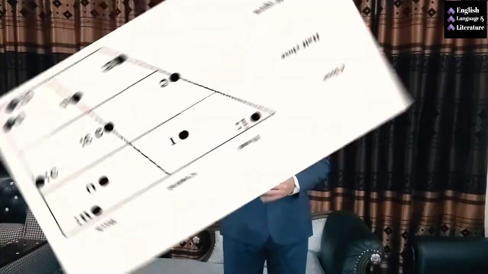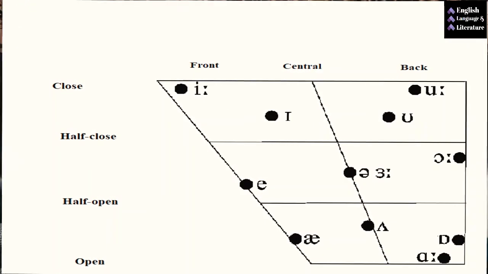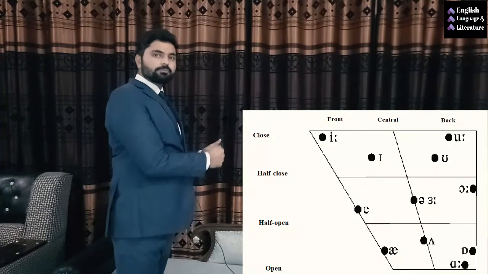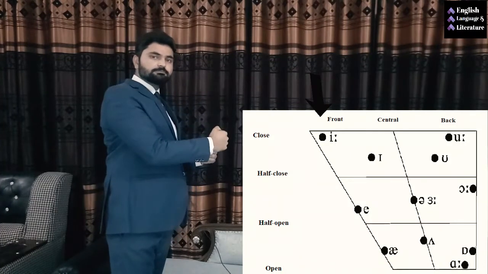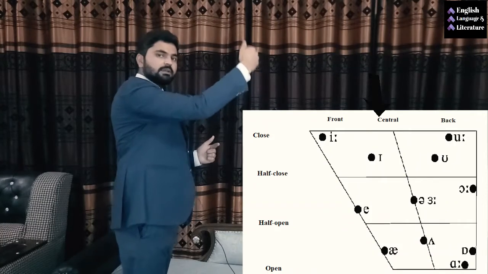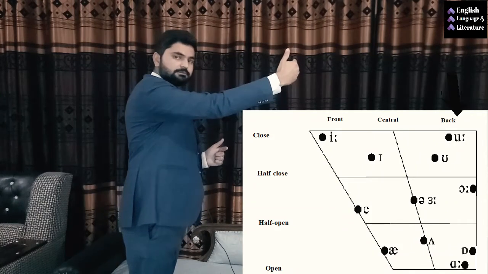In this picture this gap has been taken. So in this diagram we have the front vowels, then central vowels, and then back vowels.